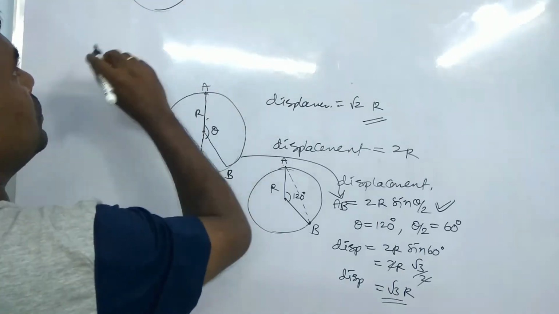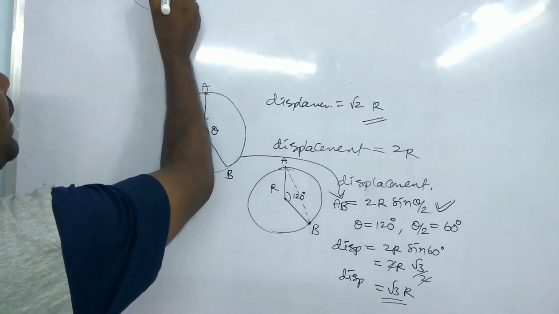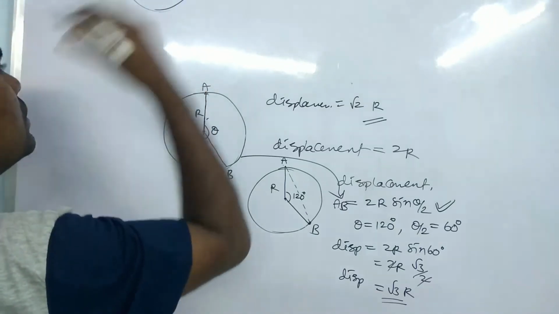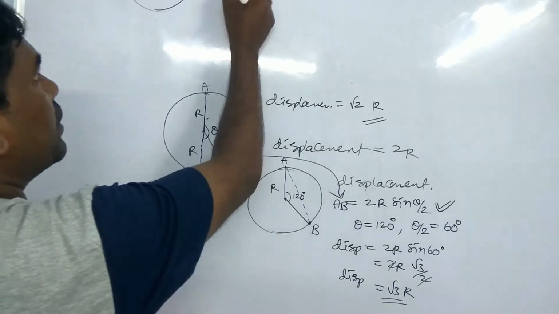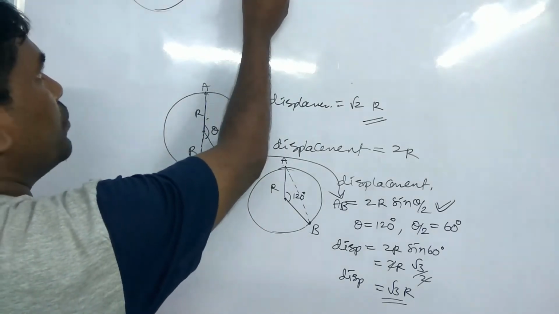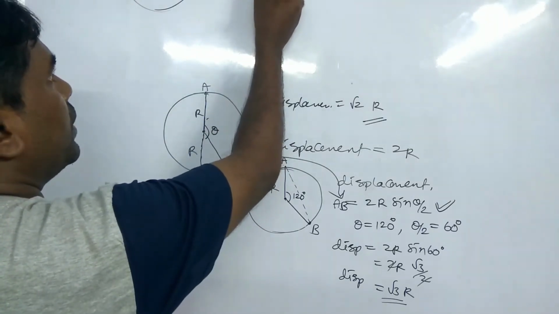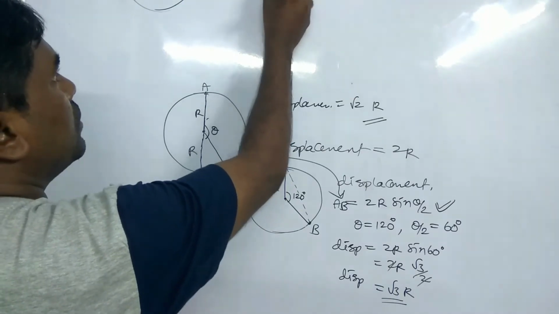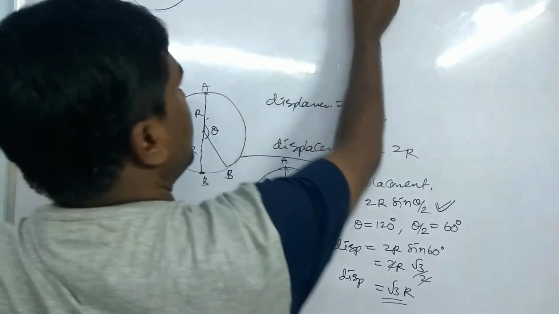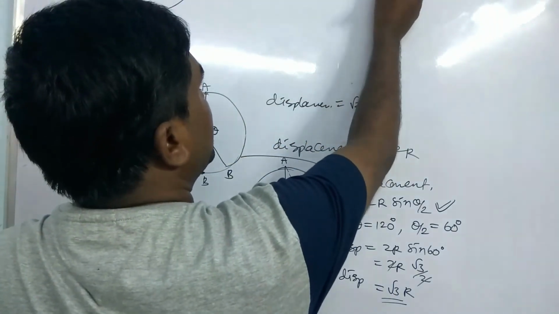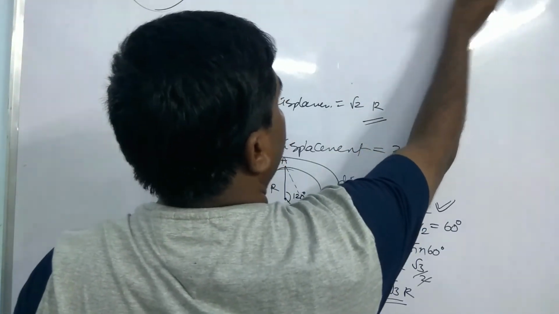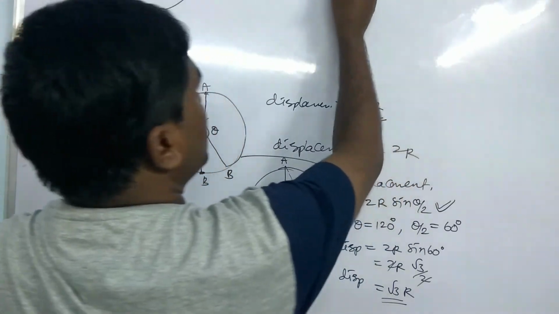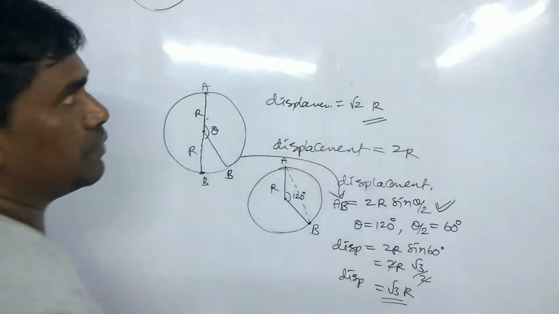From the magnitude of the resultant vector, AB is equal to the square root of a square plus b square plus 2ab cos theta, with both vectors of magnitude r.